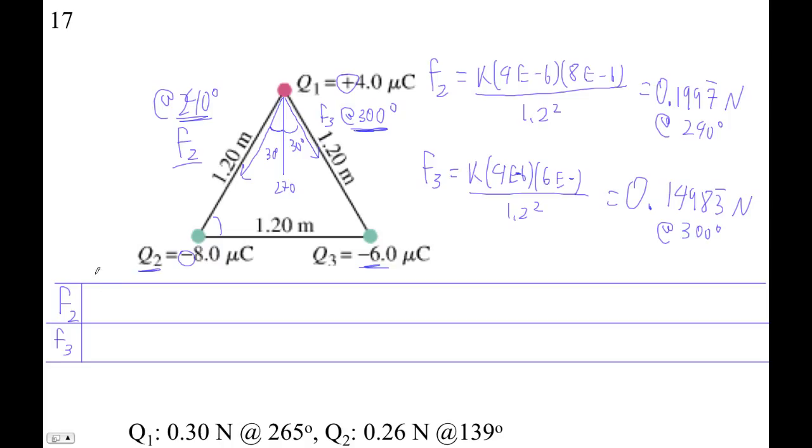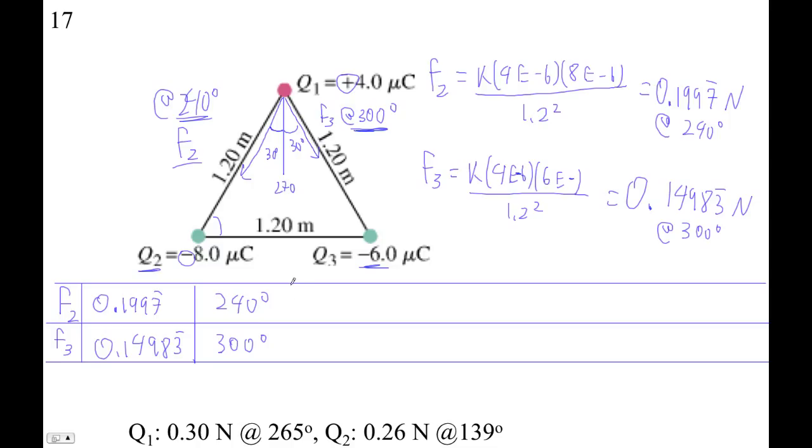Okay, so my magnitude for F2 is 0.1997 bar, and F3 is 0.14983 bar. My angle for F2 is 240 degrees. This one is 300 degrees. Now I'm checking my mode. Indeed, I'm in degrees. This is so good.